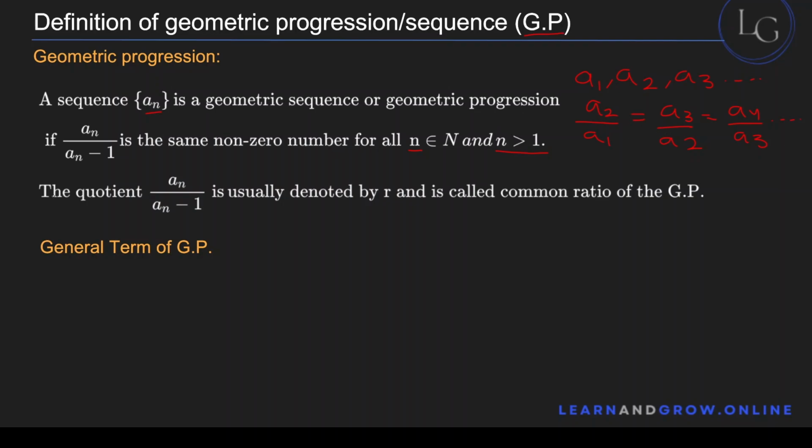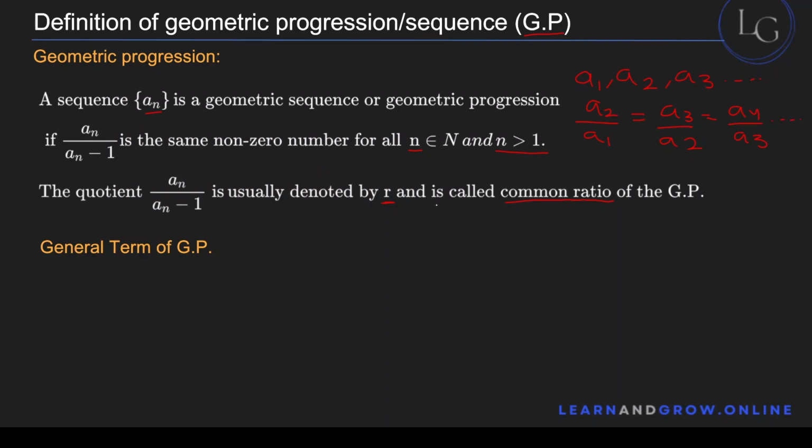And that means that the quotient of an over an minus 1, so if we take a2 over a1, basically a2 is an and a1 is obviously an minus 1. So the quotient of an over an minus 1 is usually denoted by r. Remember, in an arithmetic progression, we dealt with the common difference. Over here, we'll deal with the common ratio.